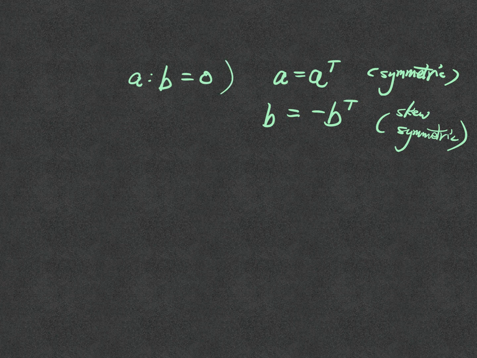Now, what happened to this? I want to show that the scalar product of the symmetric tensor and skew symmetric tensor is always equal to 0. Okay, so let me write it in details. In Einstein notation, we have Aij Bij, right? Okay. And so what will happen to the symmetric tensor?